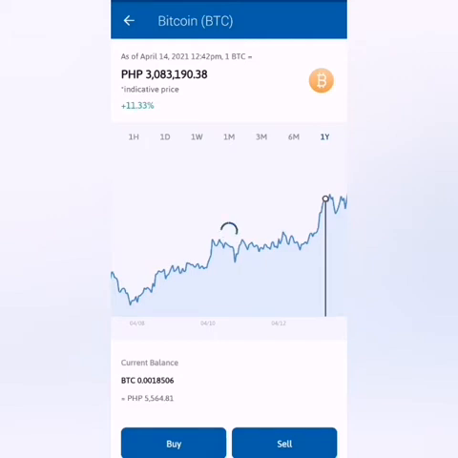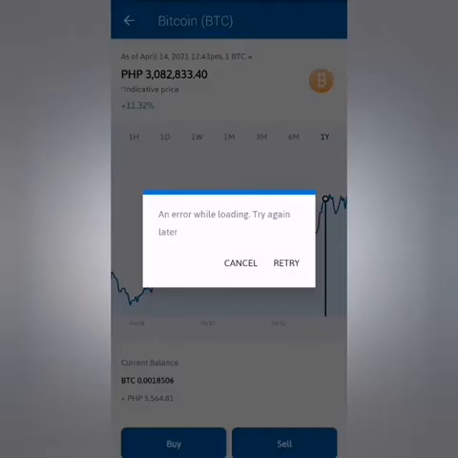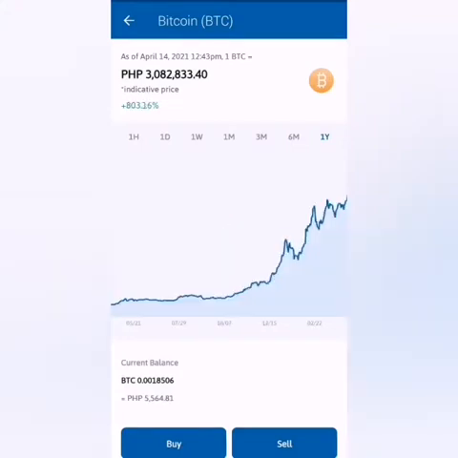And then you can also see here up to 1 year. Let's just check, and let's wait for it to load. I'm sorry, my internet connection is a bit slow right now.